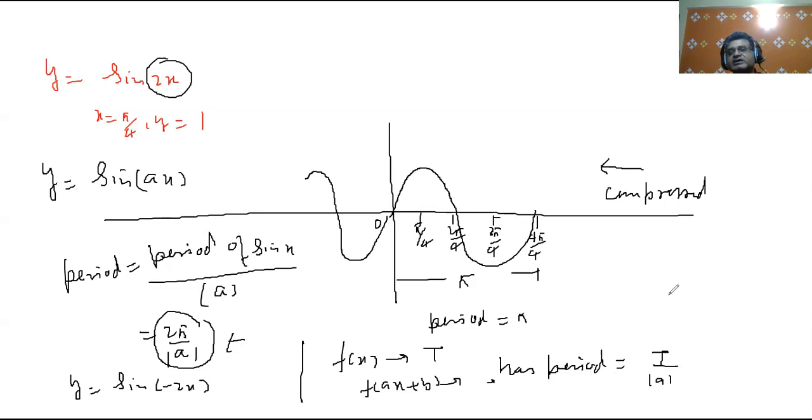It is applicable to every periodic function. It is not only for sine; it is applicable for every periodic function, whether it is trigonometrical or not. This formula is always valid. Now we are moving to the next type of question. Here you can see that in case of 2x, the graph has been compressed.